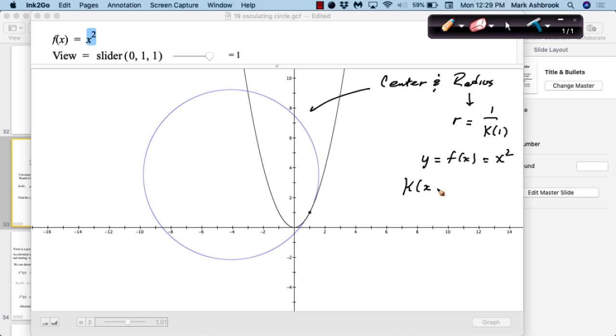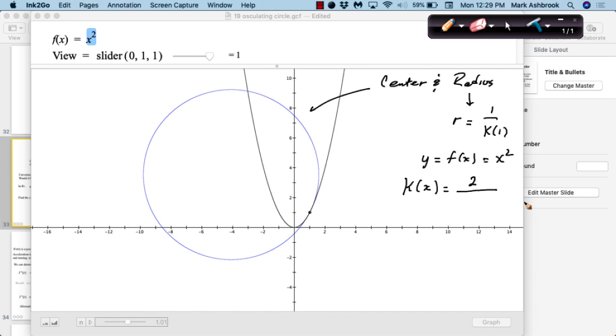So the curvature of x equals what was it? Absolute value of the second derivative. First derivative is 2x. Second derivative, 2. Is that the whole numerator then? Are we done? Absolute value of the second derivative. Okay, so it's 2.